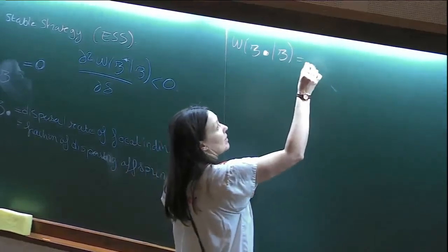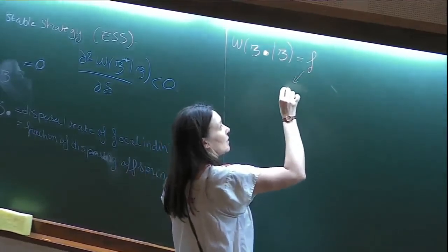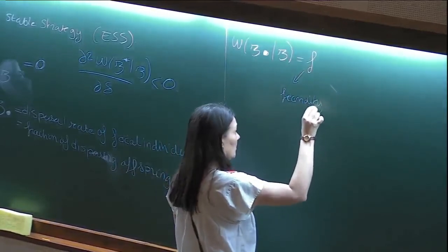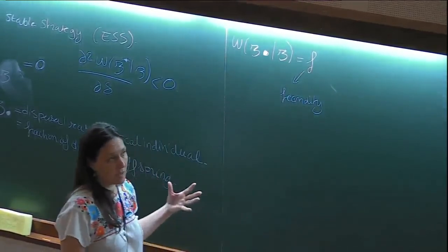So let's assume F is the fecundity, the number of offspring everybody produces.